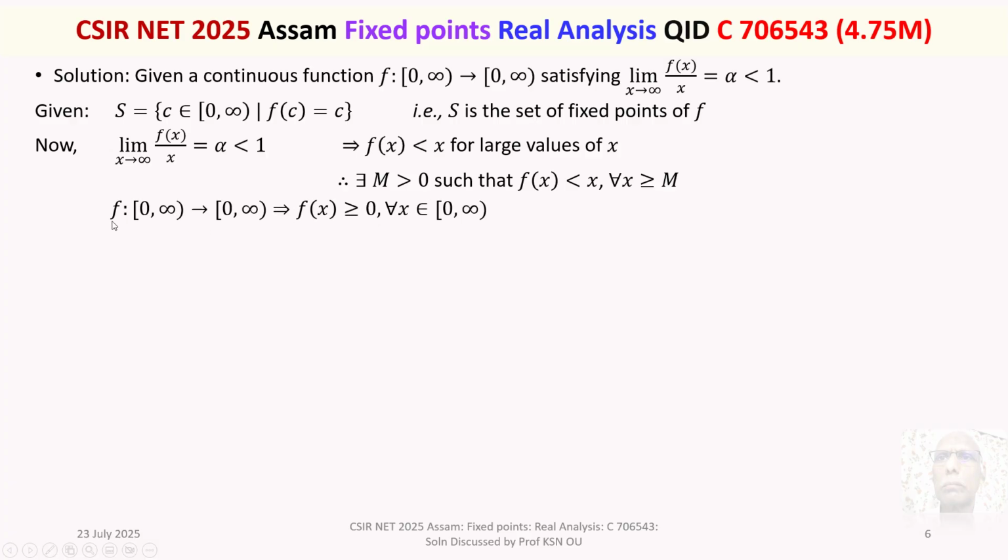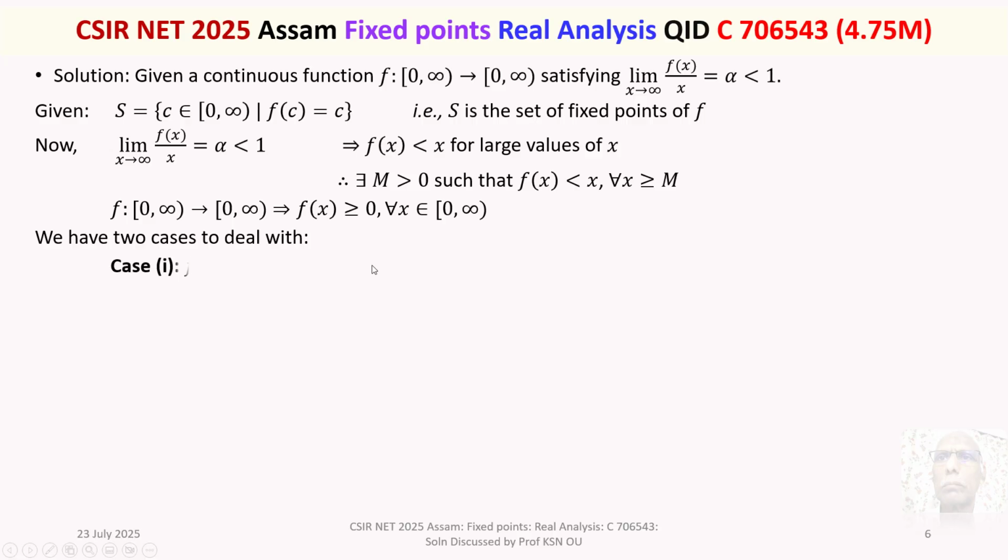Now, what we have is f is from the set of non-negative real numbers to itself. This implies f of x is non-negative for all x belongs to the interval. We have two cases to deal with.